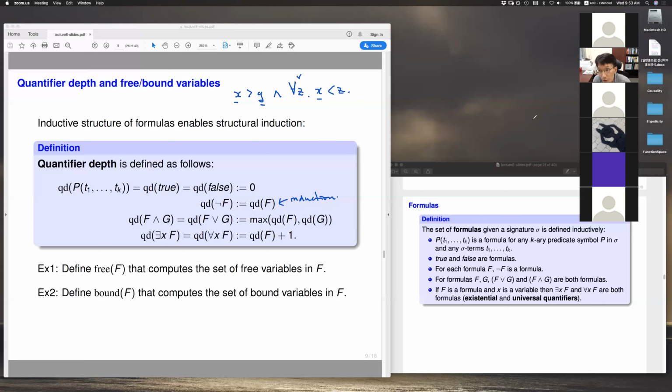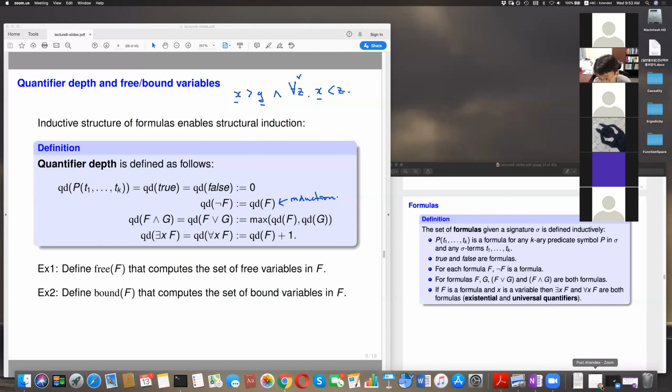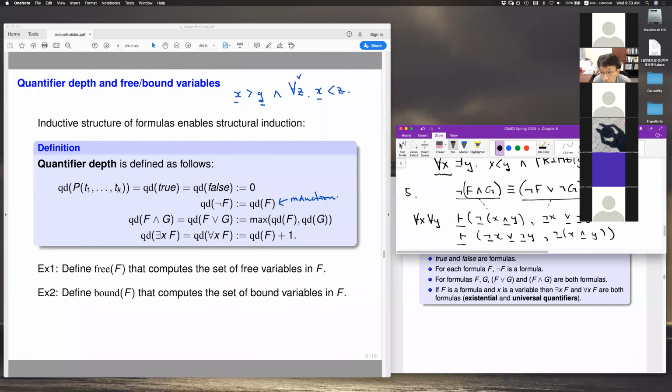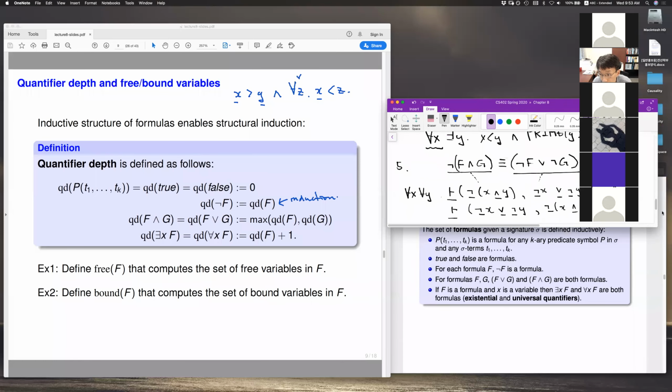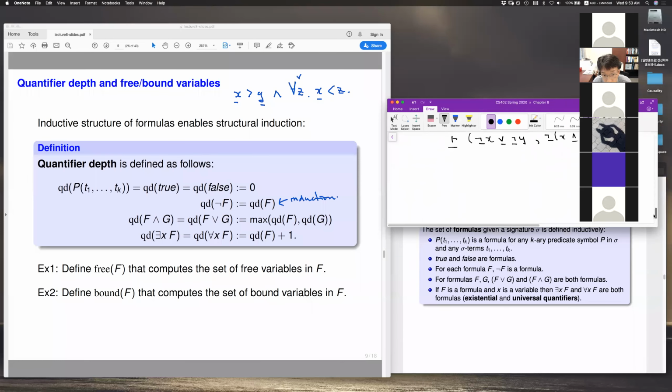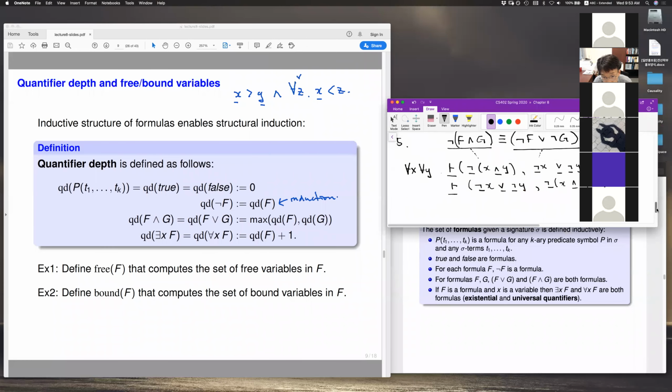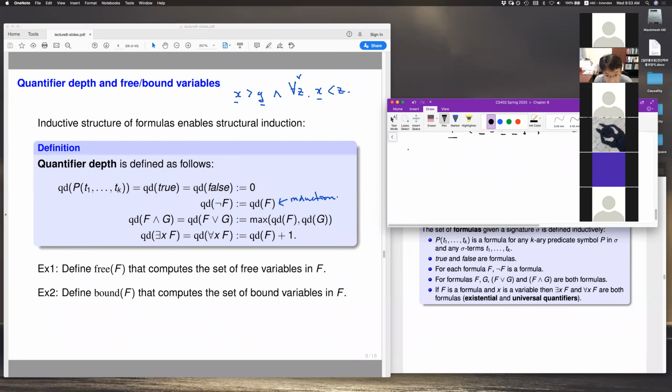Okay, so let me show you how this works. Let's solve the first one, defining free. One thing you have to do, going a bit beyond what's written in the slide, is define by induction the set of free variables in a term, not just a formula.